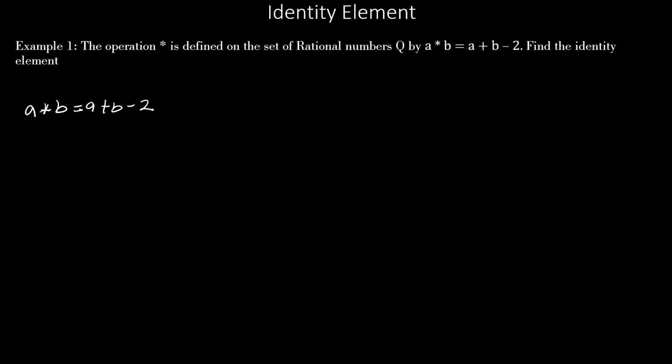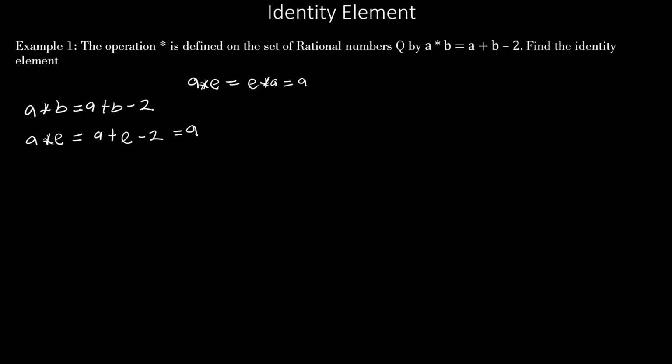For identity elements, we have to get a condition in which a asterisk e is the same thing as e asterisk a and equal to a. Therefore, if you have a asterisk e here, we are going to have a plus e minus 2, and it must be equal to a.